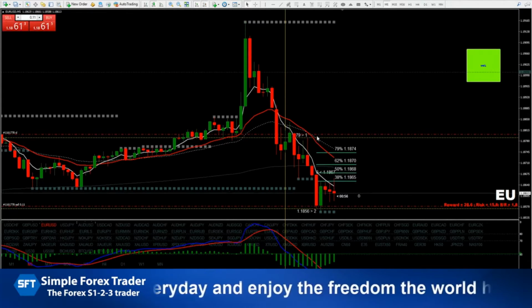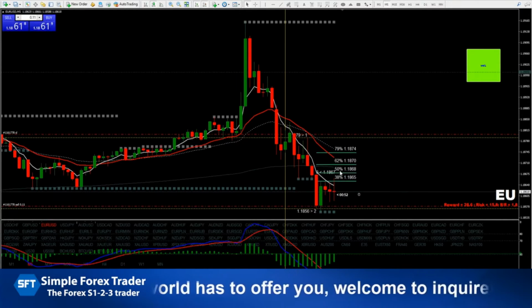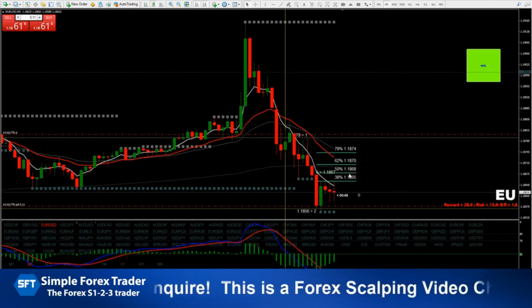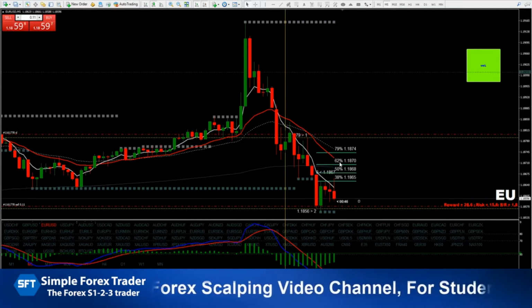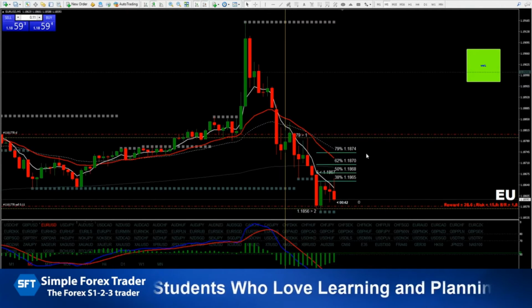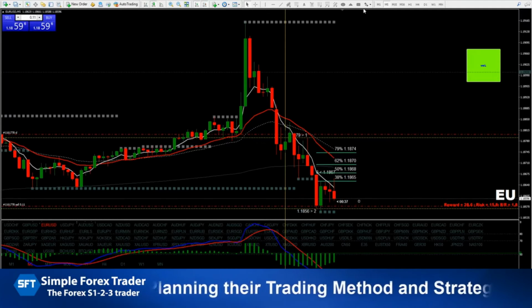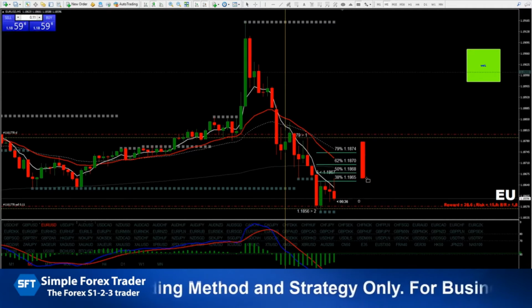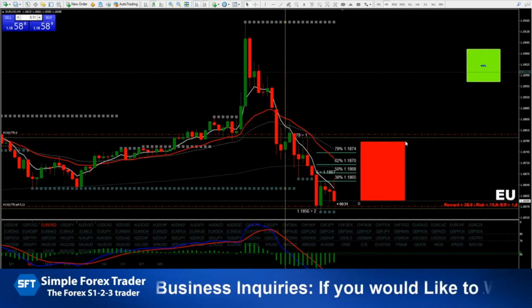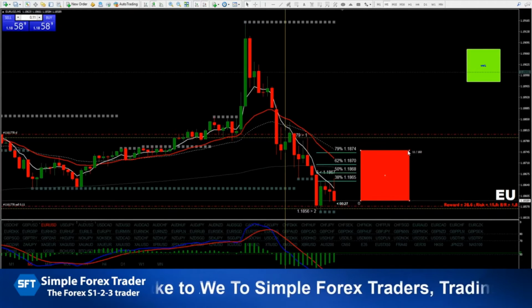So it means that you can enter this trade at any level between 38%, 1.1865, 50%, 1.1868, 62%, 1.1870, and the last one, 79% retracement, 1.1874. So when it retraces back up to here, you can enter somewhere at these levels, as in a sell.